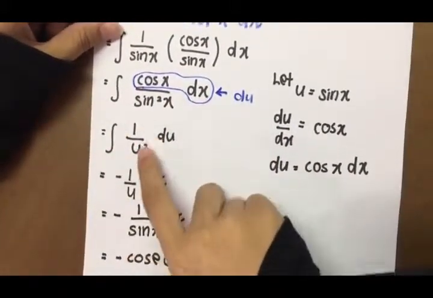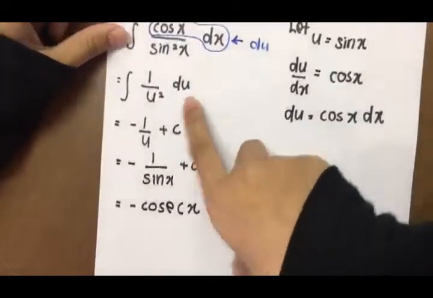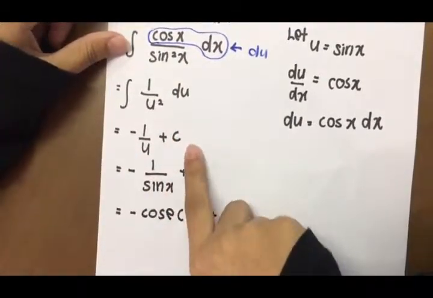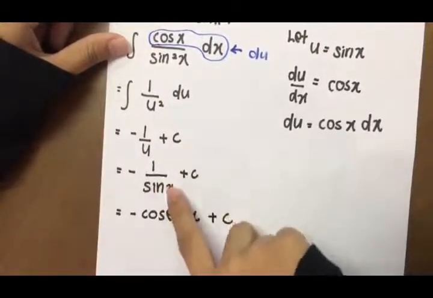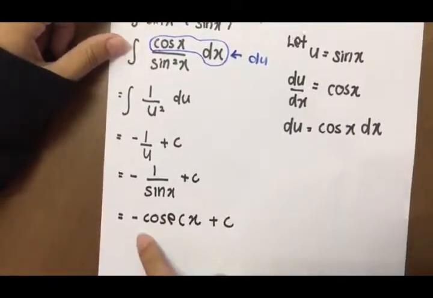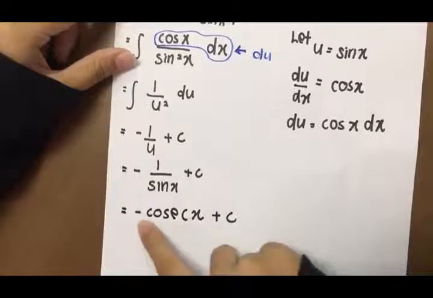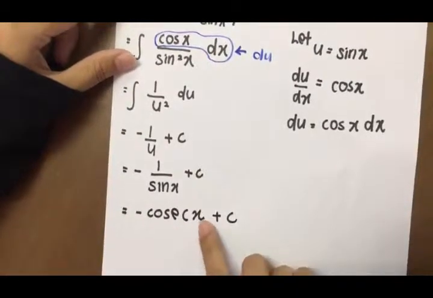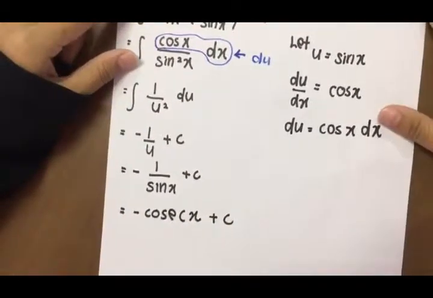So the integral of 1 over u squared du gives negative 1 over u plus c. So we substitute u with sine x and we get negative 1 over sine x plus c. So we simplify it to negative cosecant x plus c.